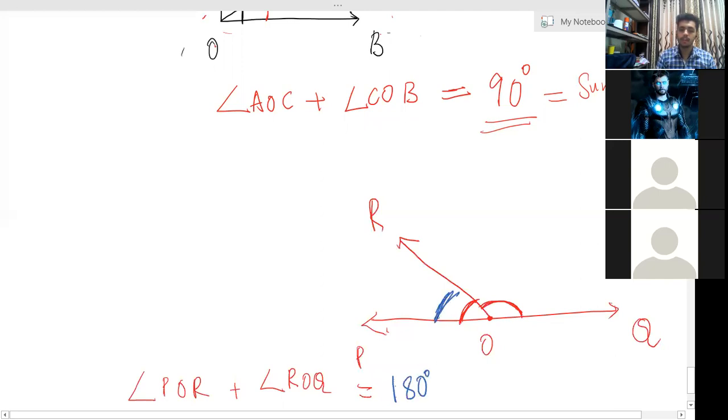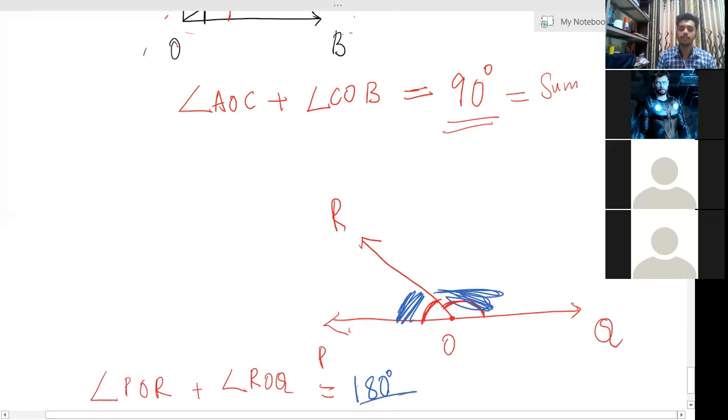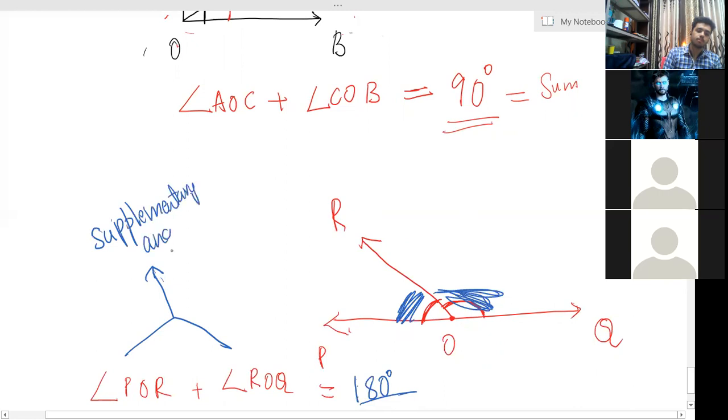That is this angle plus this angle, totally equal to 180 degrees. So these two angles, POR and ROQ, are called supplementary angles, where the sum is equal to 180.